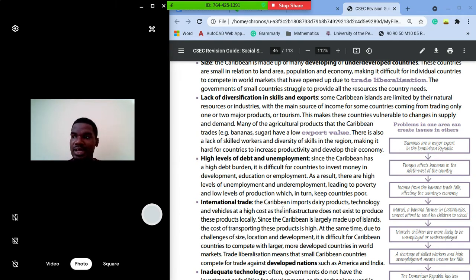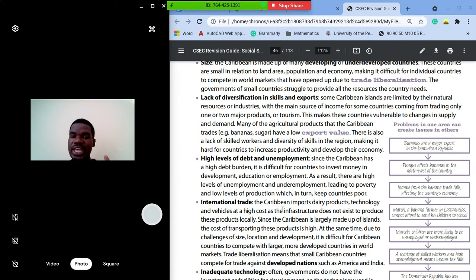Right? And because they had all these resources that they couldn't trade and make money off of, guess what happened? High levels of debt in the country. Alright? So that's a little example. Because Haiti had issues with trading, it created a high level of debt because they had the export, but they couldn't turn it into monetary value.